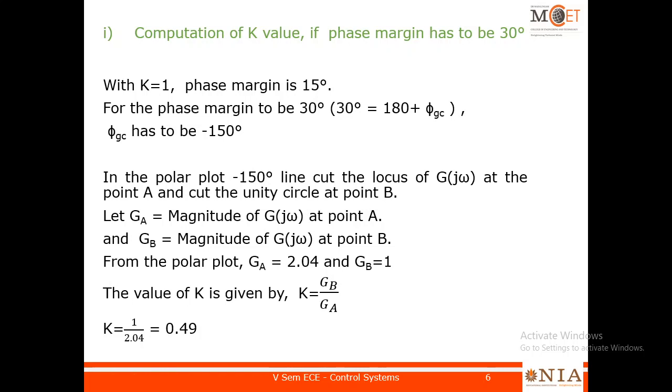The required phi GC is minus 150 degrees. So the plot has cut the minus 150 degree line at the magnitude 2.04, so I have substituted this 2.04. And this is always 1. So 1 by 2.04 is 0.49. That is the value of K.